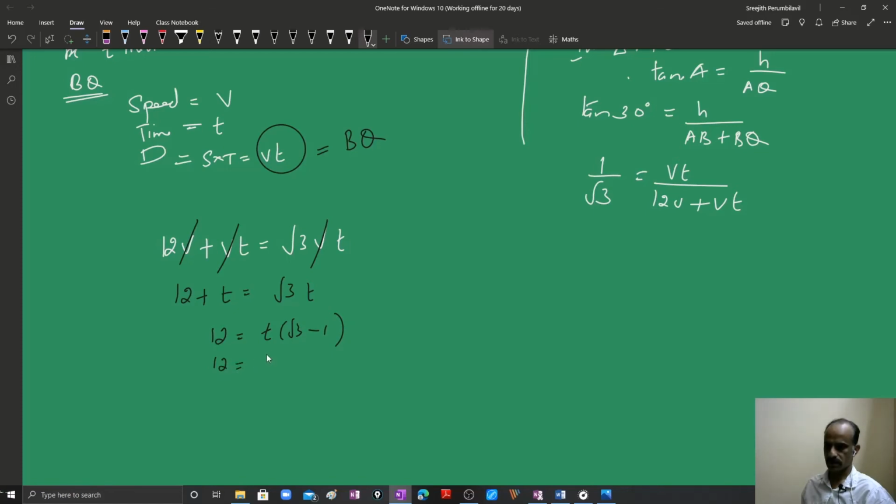That is 12 is equal to t into 1.732 minus 1, which is t into 0.732. From that, find out t. t is equal to 12 divided by 0.732. Find out the exact value by doing that calculation. So that is that additional question.